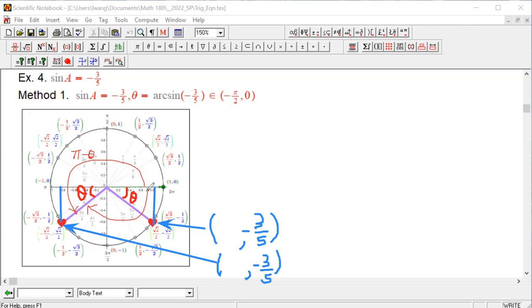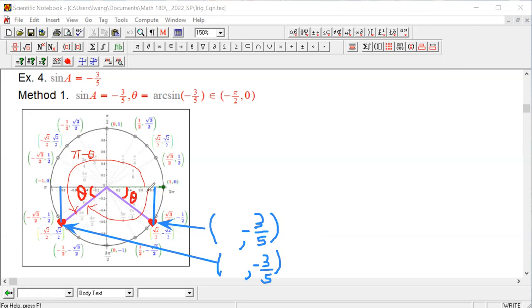How about this one? We can use either one, because we can do theta plus 2k pi, and then we also need to measure this piece. This piece is measured clockwise, so here is a negative pi. This is a negative pi.